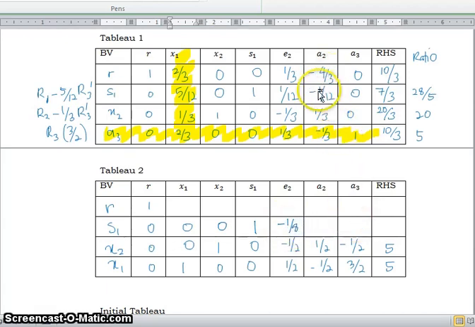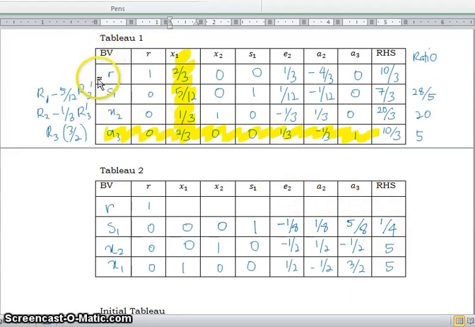For A2, negative 1 over 12 minus 5 over 12 times negative 1 over 2. So we get 1 over 8. For A3, the coefficient is 0 minus 5 over 12 times 3 over 2 equals 5 over 8. And right hand side, we get 7 over 3 minus 5 over 12 times 5, equal to 1 over 4.